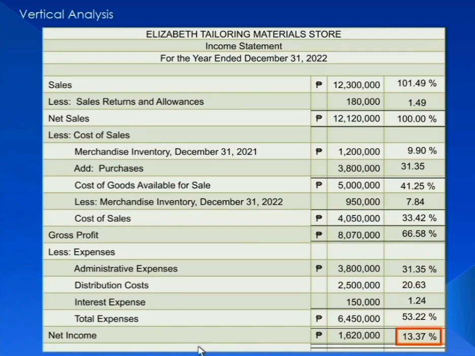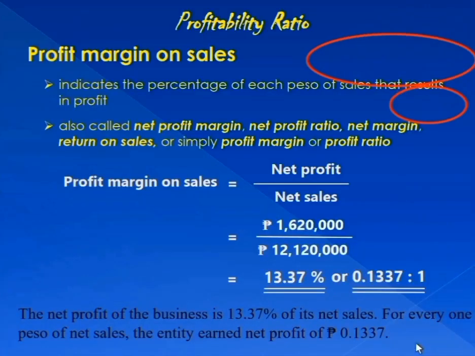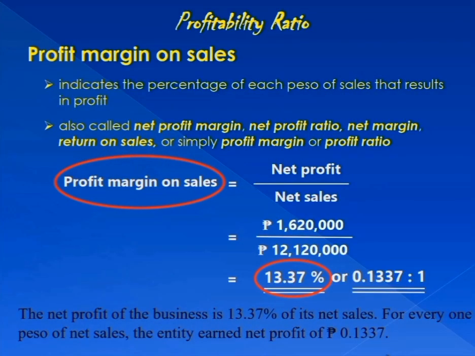Because remember that in doing the vertical analysis on the income statement, each account or item here is expressed as a percentage of net sales. Hence, when we divided this net income of 1,620,000 by this net sales figure of 12,120,000, we got this 13.37%, which is the net profit ratio or profit margin on sales.